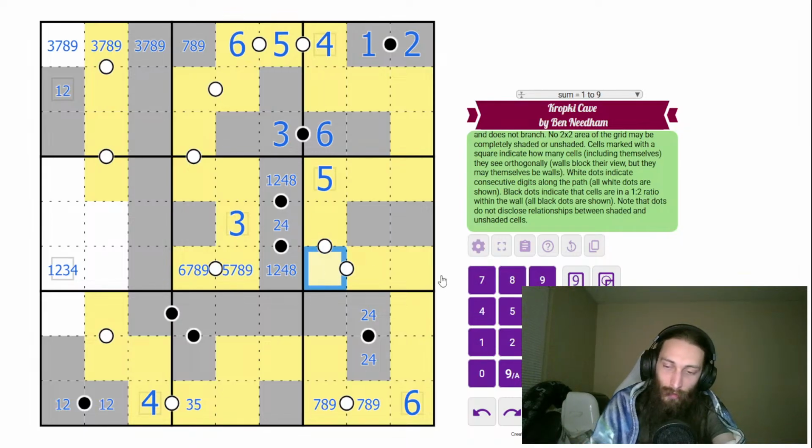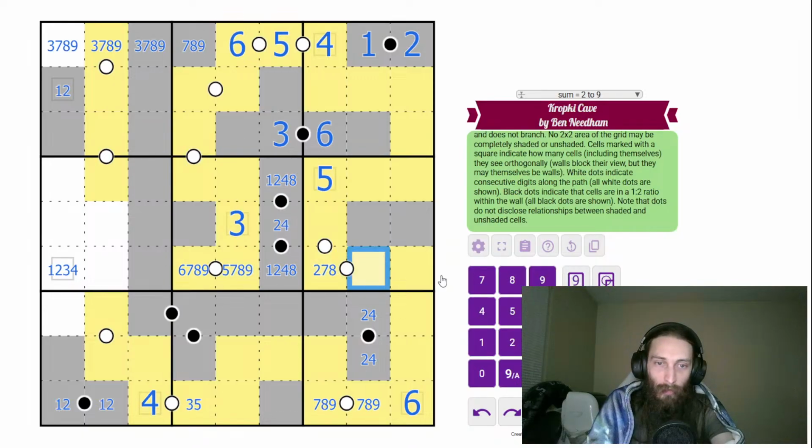This one here, 2, 3, 4, 5, 6, 7. 4, 5, and 6 are clearly removed. And I can't use a 3 because this one can't be 2 or 4.